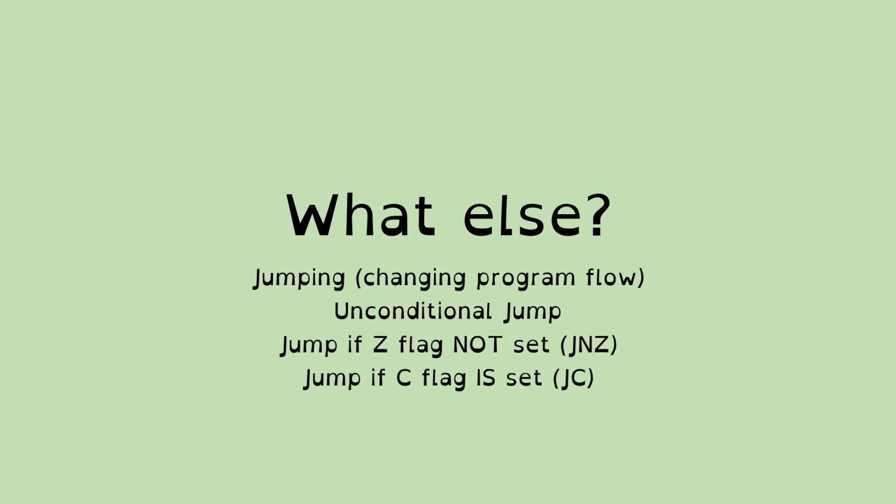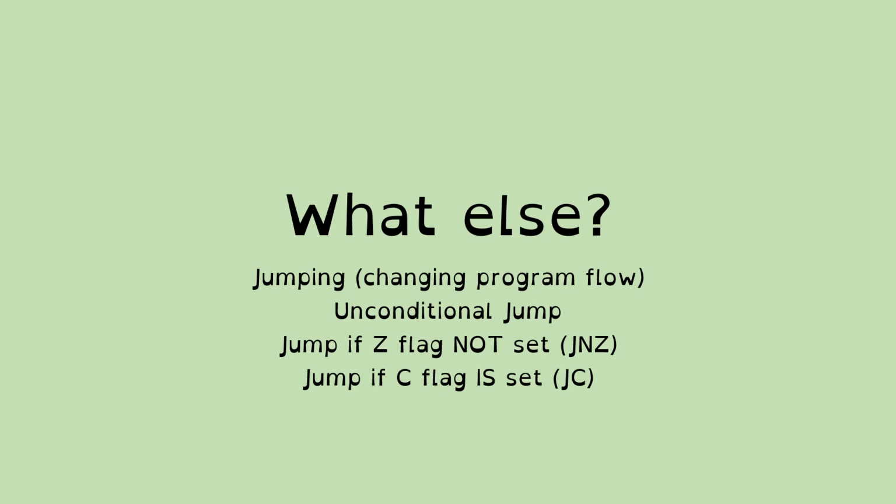So we're going to do jump if the Z flag is not set. So we're going to jump if the result is not 0. It's somewhat arbitrary as to which way around. I think it's more common to use not 0. Jump if the C flag is set, though. So that's more like an exception at this point, where you're jumping out if something has potentially gone wrong.